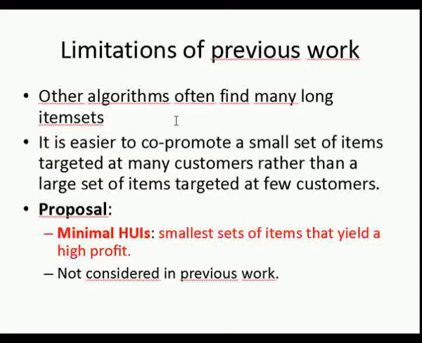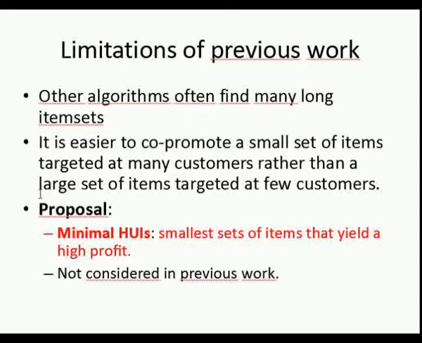So we think that it's not very good, because if you find a pattern like people buy apple, bread, rice, noodle, and many other things together, then it becomes difficult for the user to use these patterns. So for example, can we promote 4 or 5 or 6 or 7 products together in a retail store, like apple, bread, noodle, rice, and so on? It would be very difficult actually.